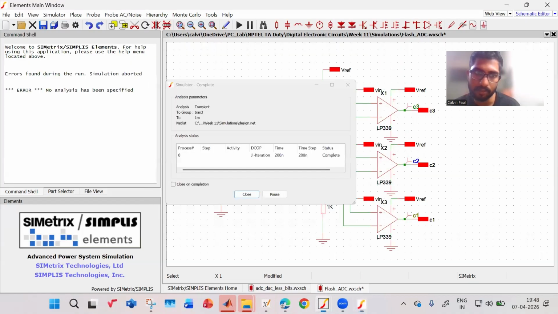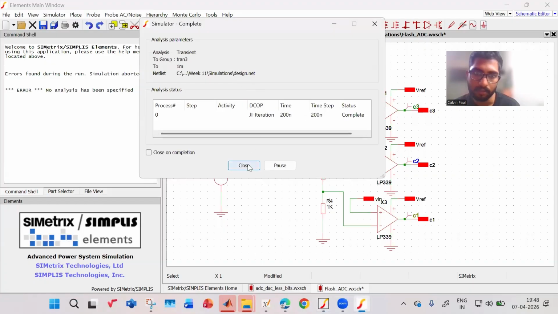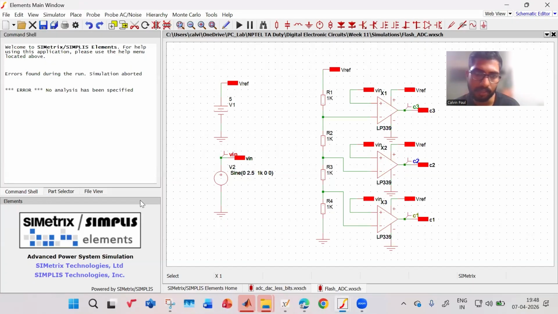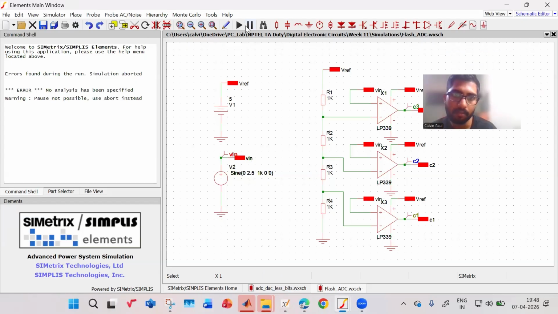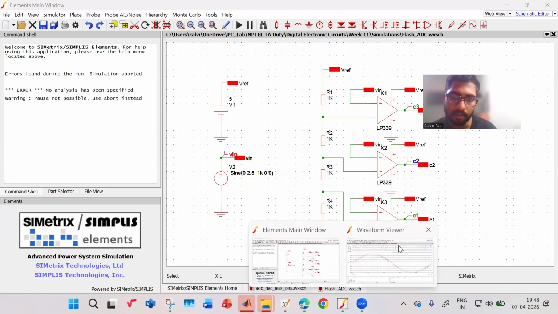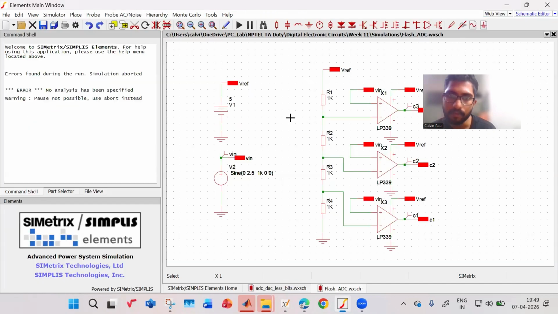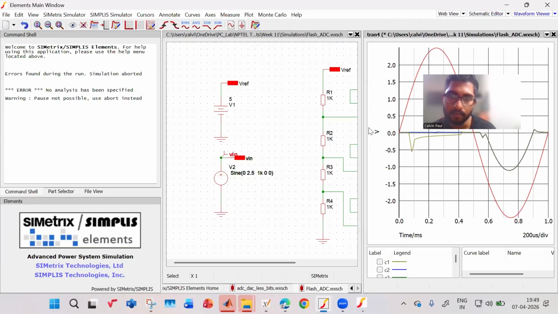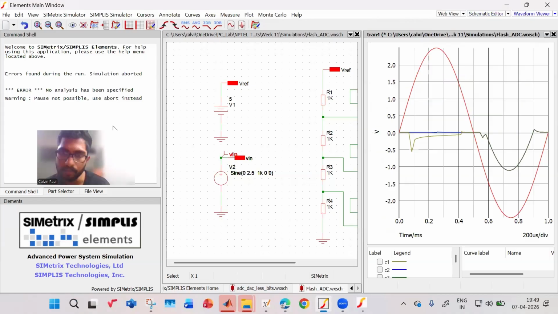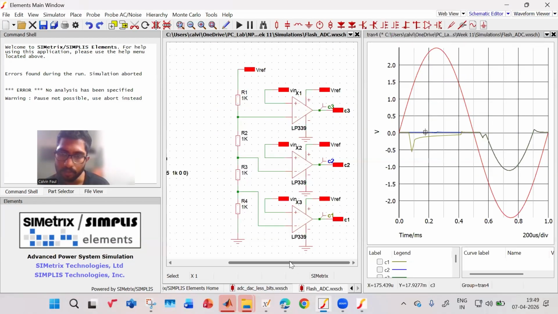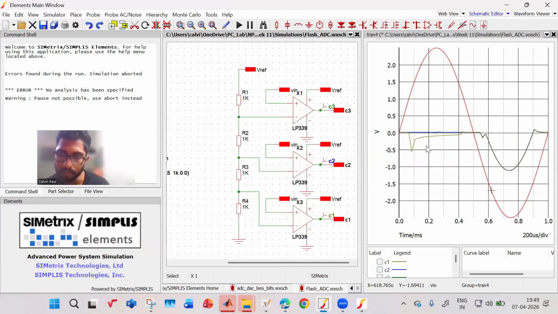Did it work? Why it didn't run? Okay. What is C1, C2, C3?